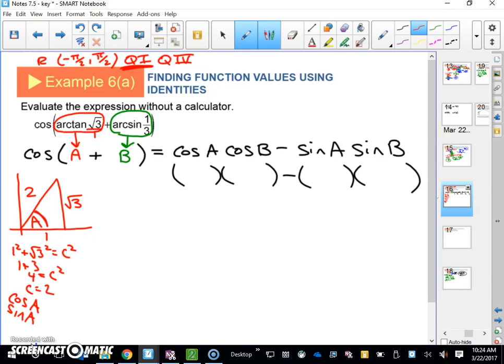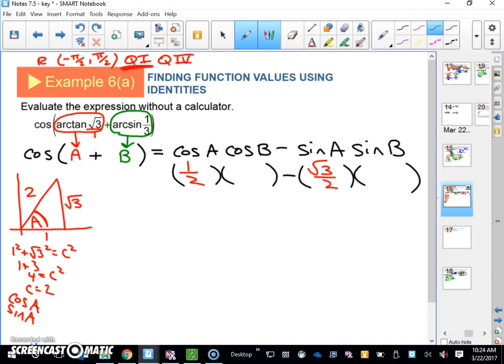The cosine ratio, x over r, that's going to be 1/2. The sine ratio, y over r, is going to be square root of 3 over 2. And so I should be able to fill in those 2 spots based off of my picture. Okay? That's all I can tell about angle A, and so I can't fill in those other blanks.